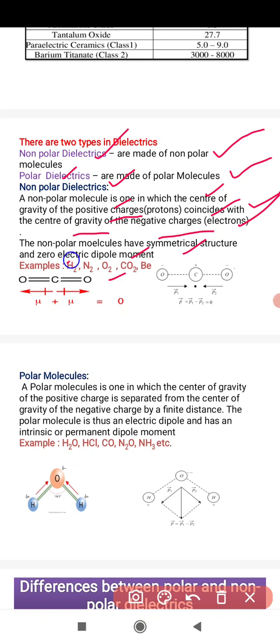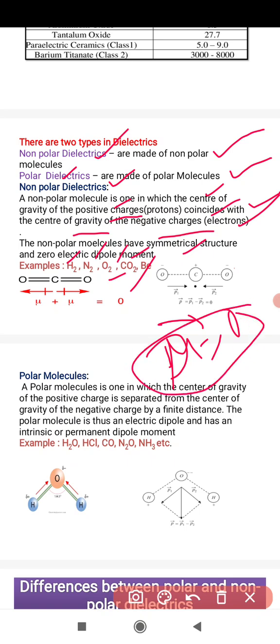Examples are hydrogen, nitrogen, oxygen, carbon dioxide, etc. The dipole moment of these gases is 0. Mu is the dipole moment, and the total dipole moment is 0.